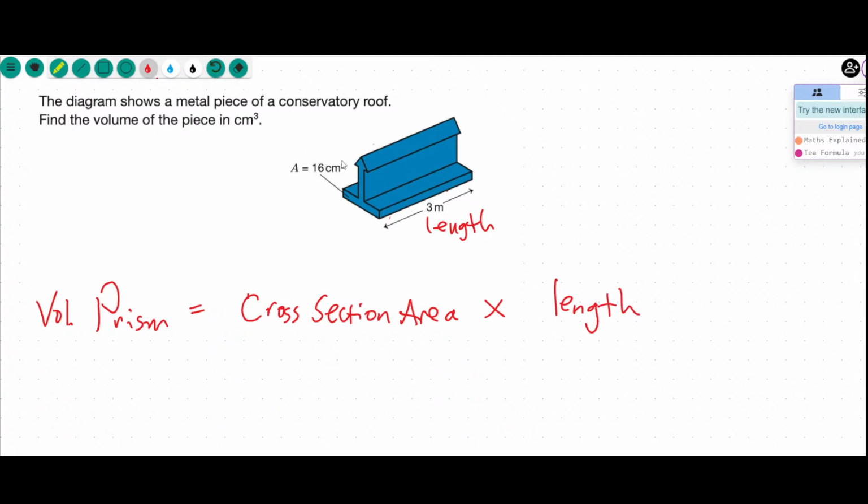You see it's centimeters squared there. So we just plug it in. 16 multiplied by 3 will give us the volume of the prism overall, 48, and this time centimeters cubed. It's cubed because we have 3 dimensions going on, but I think I've missed a detail.